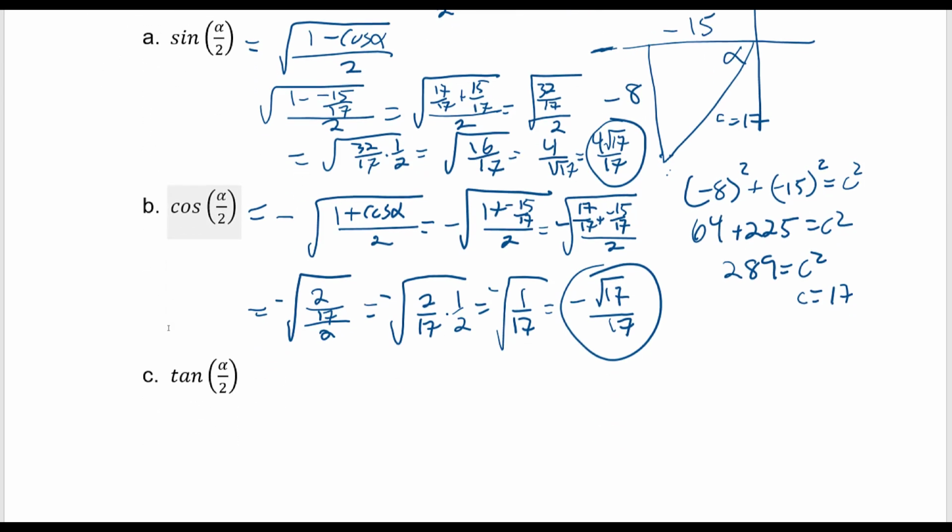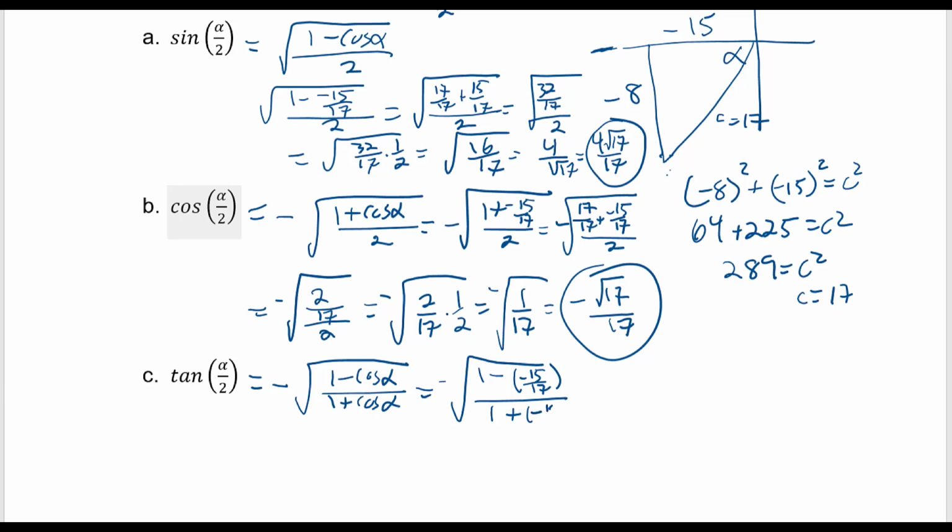And let's go down to tangent. So tangent would be just sine over cosine. Now for second quadrant, it's going to be negative. We have a lot of options here, but we can use negative square root of 1 minus cosine of alpha over 1 plus cosine of alpha. So we have the square root of, got the negative out front, 1 minus negative 15 over 17 over 1 plus negative 15 over 17.